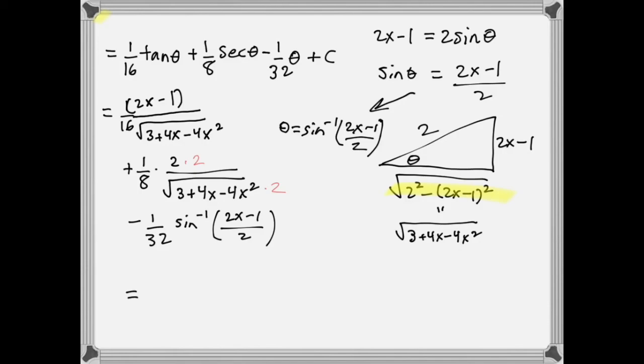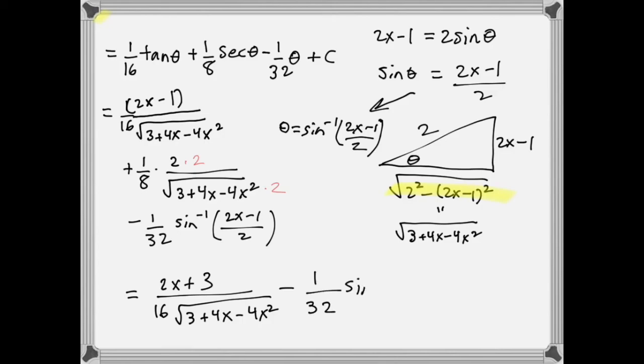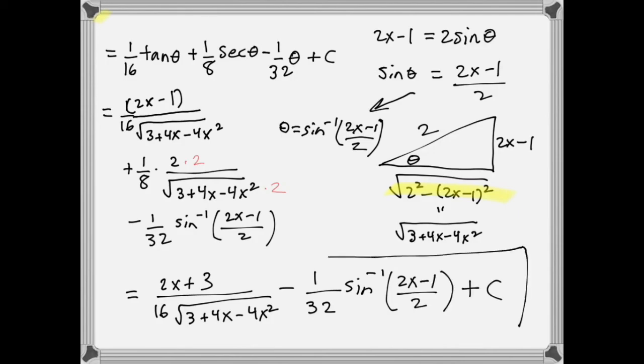My final answer becomes, I have 2x minus 1 but then plus 4, so that's 2x plus 3 over 16 root 3 plus 4x minus 4x squared, and then minus 1 over 32 arc sine of 2x minus 1 over 2, and then plus c.